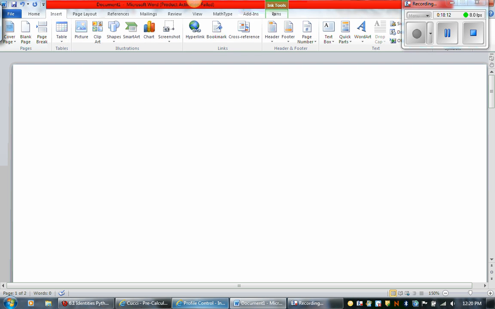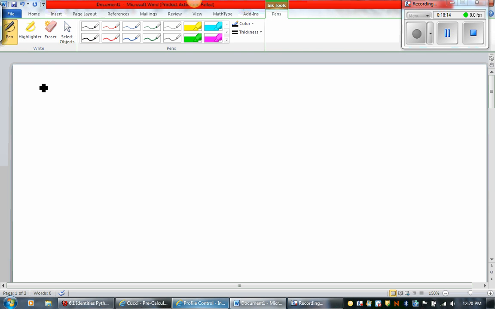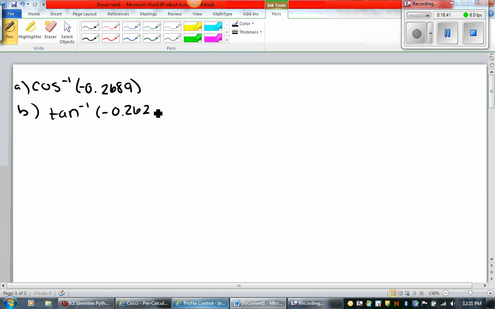The examples I want to look at are cosine inverse of negative 0.2689 and tangent inverse of negative 0.2623. I'll just show you how to do those real quick in your calculator. I should only really have to show you that once. You should remember this from before.